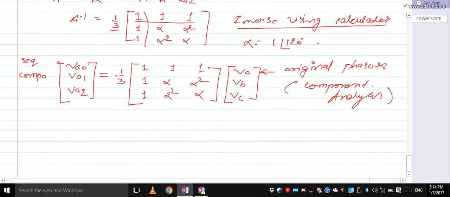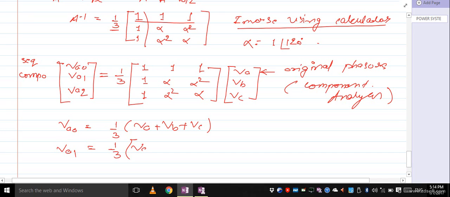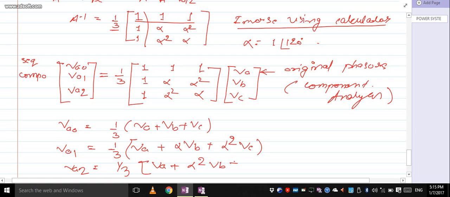Now let us write VA0, that would be 1 by 3 times VA plus VB plus VC. Similarly VA1 would be 1 by 3 times VA plus alpha VB plus alpha square VC, and VA2 would be 1 by 3 times VA plus alpha square VB plus alpha VC.